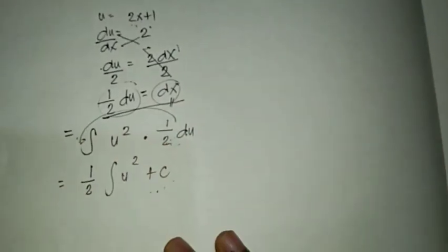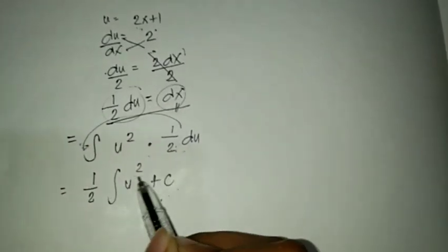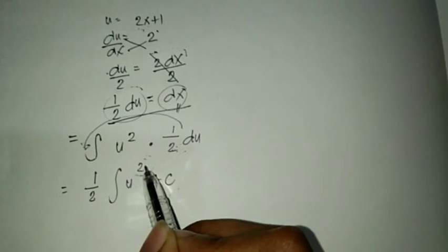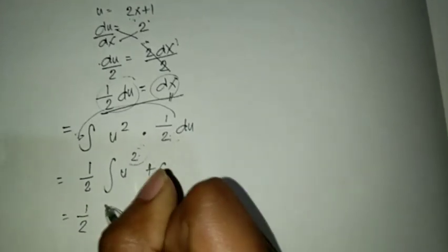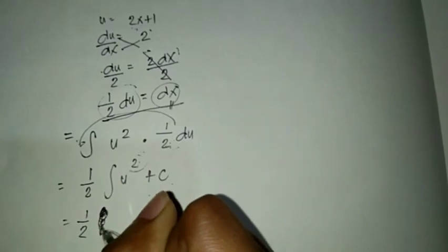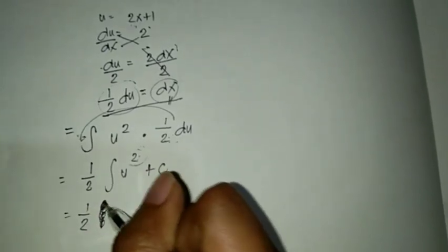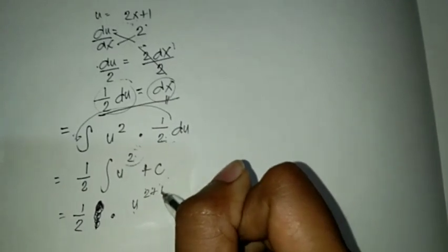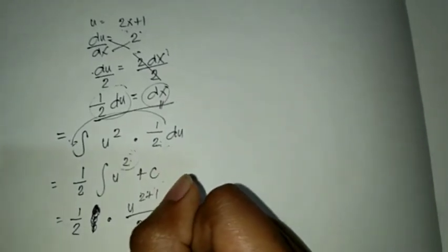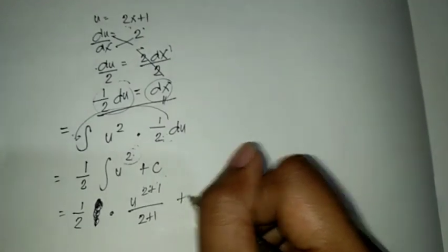So after this one, we need to proceed to the exponential form. So 1/2 times u to the 2 plus 1 over 2 plus 1 plus c.